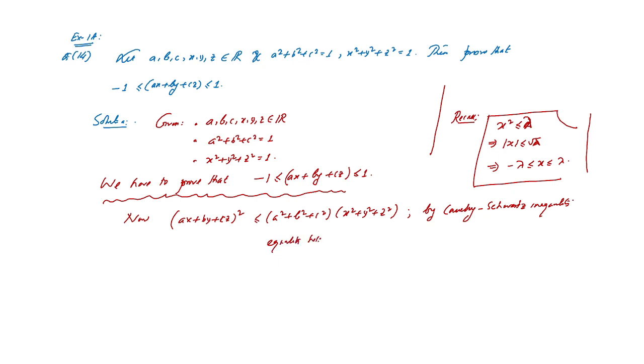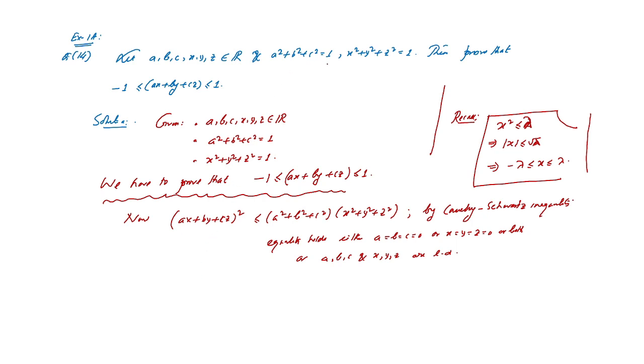Equality holds when either a equals b equals c equals 0, or x equals y equals z equals 0, or both, or these two sets, a, b, c and x, y, z, are linearly dependent. So this is just by using the Cauchy-Schwarz inequality.